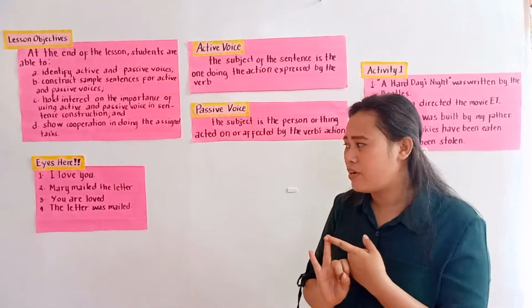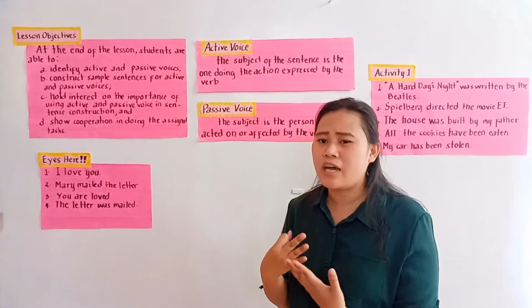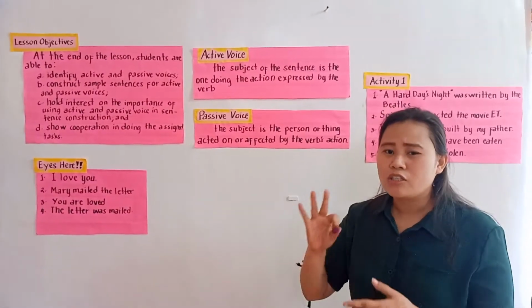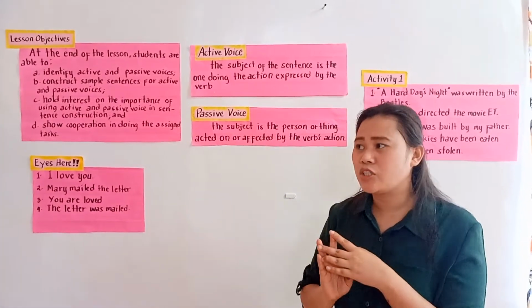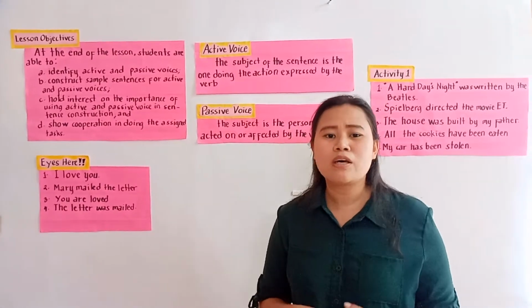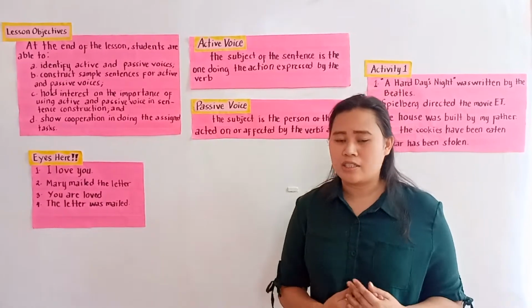The action is very important. And third, what else did it ask about? Okay, yes, the receiver of the action. So these three things, the doer, the action, and the receiver of the action, are important in recognizing the type of voice in our sentences.